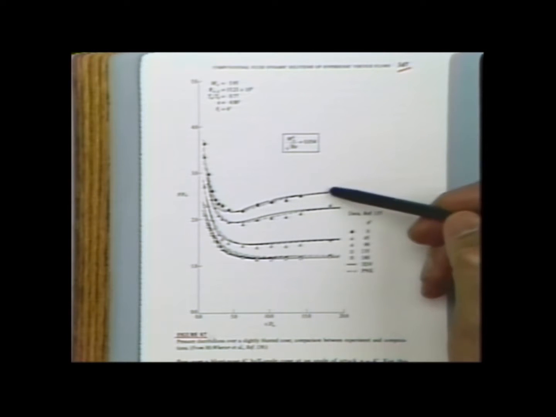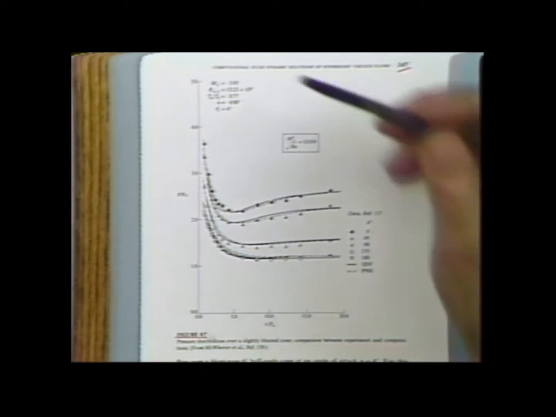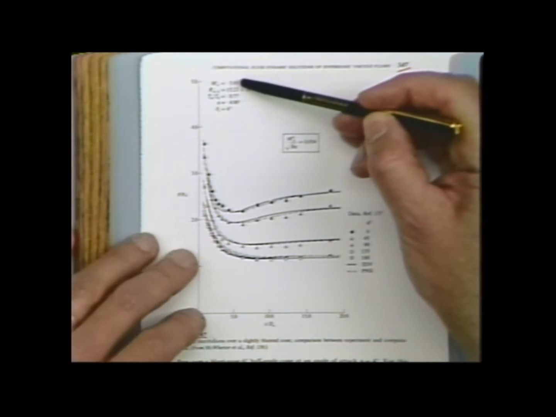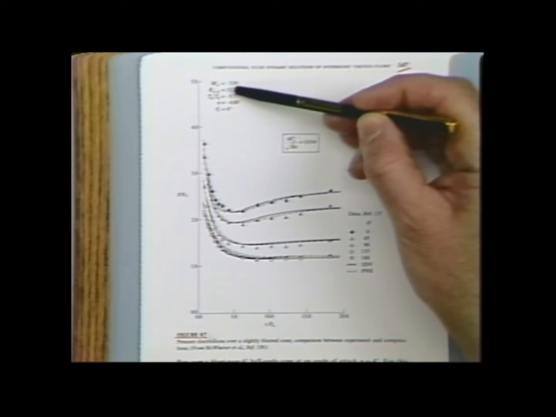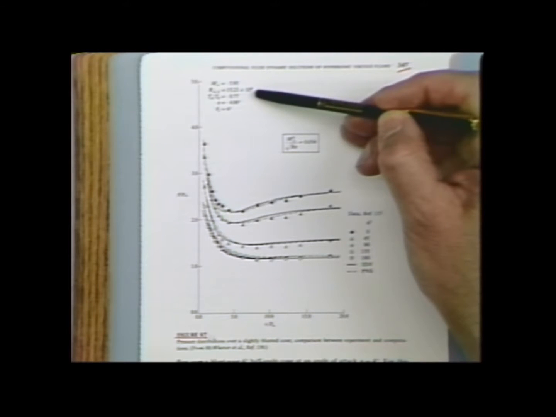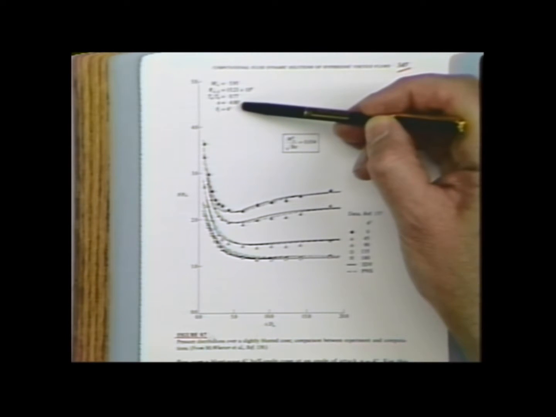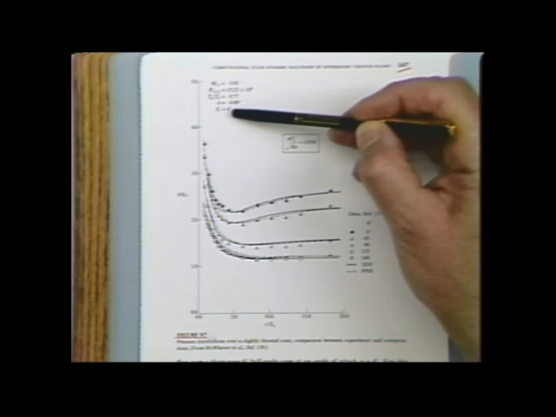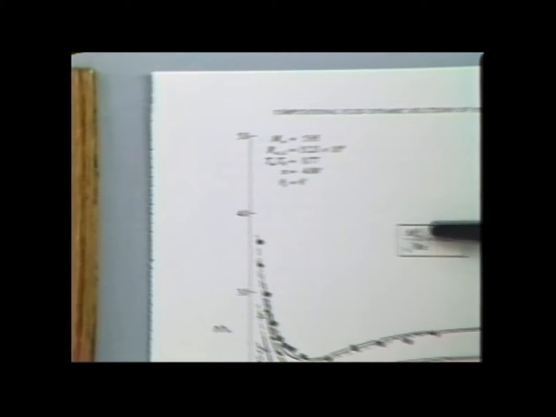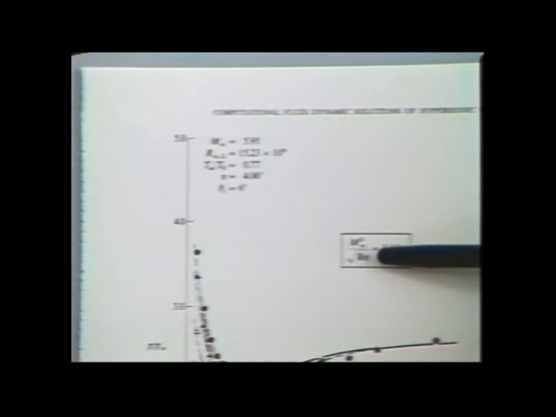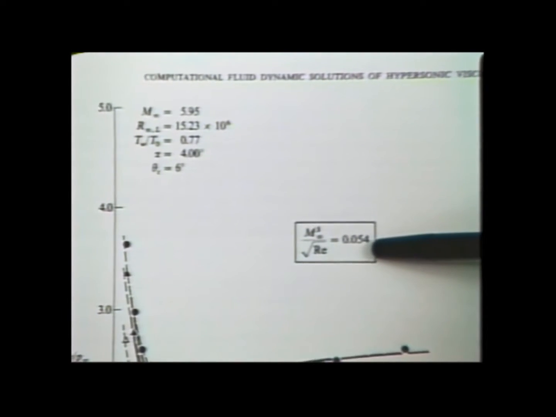First of all, in this figure are experimental data for such pressure distributions, taken for a Mach number of almost 6, a fairly high Reynolds number, about 15 million. Small angle of attack, about 4 degrees. The cone half angle is 6 degrees, so it's really a slender cone. Now, if you calculate M infinity cubed over the square root of the Reynolds number, you get something like 0.054.